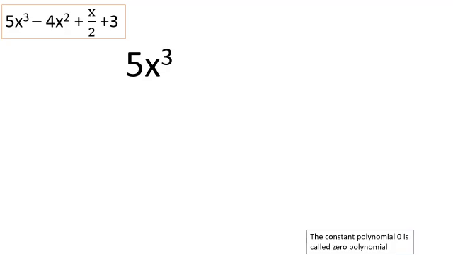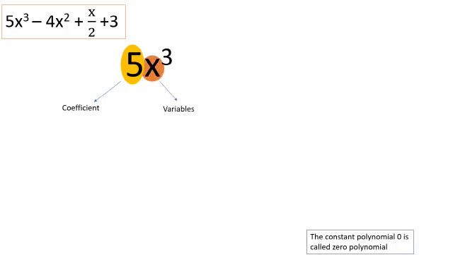So a term should consist of three things or three components. What are those? Let's see. It should consist of a number, which is called a coefficient. Then it should consist of a letter, which is called a variable.